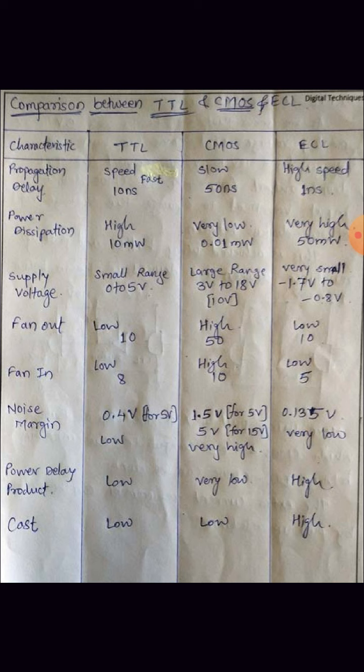In the first column, there are the different characteristics of logic family, that is propagation delay, power dissipation, supply voltage, fan out, fan in, noise margin, power delay product and cost. Yes, all of you go through this comparison. It is very important. Comparison between TTL, CMOS and ECL. Thank you.